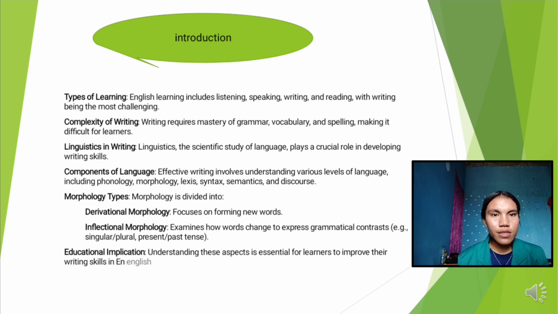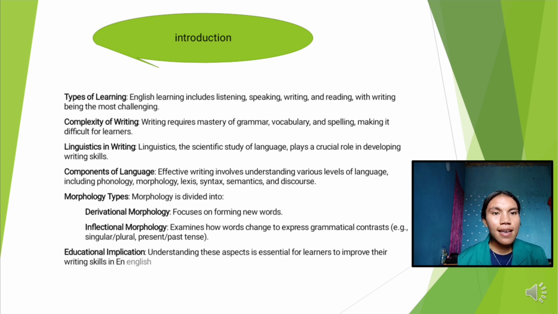Components of language. Effective writing involves understanding various levels of language, including phonology, morphology, lexis, syntax, semantics, and discourse. There are two types of morphology. The first one is derivational morphology. It's focused on forming new words. The second one is inflectional morphology.